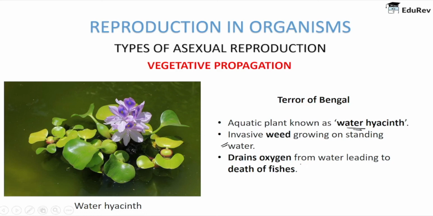Do you know that this plant was introduced in India because of its beautiful flower and the shape of its leaves? As you can see in this image, how beautiful it looks. But since it can propagate vegetatively at a phenomenal rate and can spread very quickly all over the water body in a very short period of time, that is why it is very difficult to get rid of them.